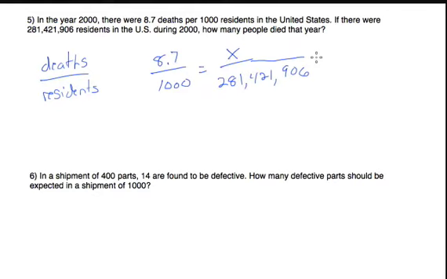So I'm not going to require you to do this by hand. You can use your nifty calculator. 281,421,906 times 8.7 divided by 1,000 gives you 2,448,370 and then 0.5822.